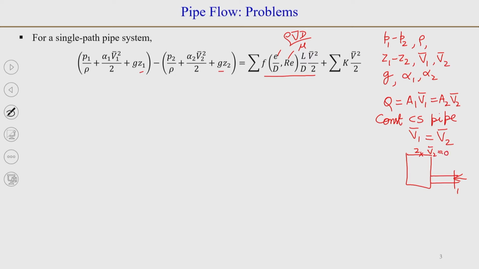So, you will have only V1 there. Okay. Then other unknowns will be the roughness of the pipe and the length of the pipe, the diameter of the pipe and different K values. Okay. So, in place of V1 and V2, we will just replace it by Q here.